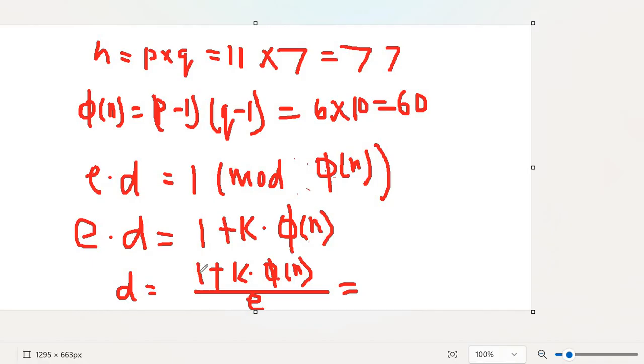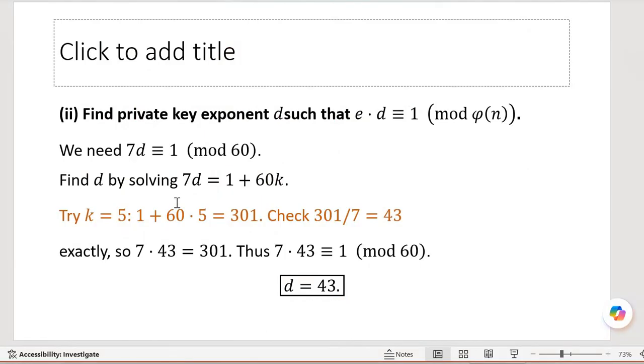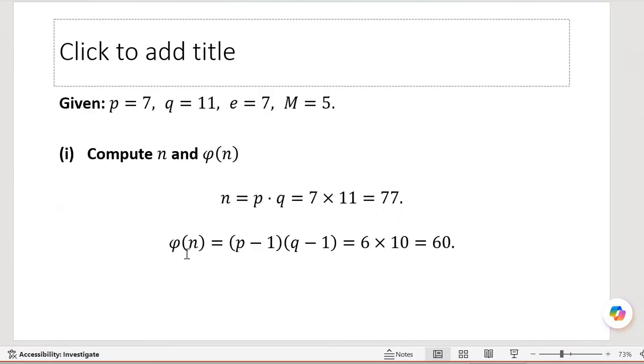Now 1 is the value we have, phi n we have calculated, that is 60. E has been given in the question: E is 7.